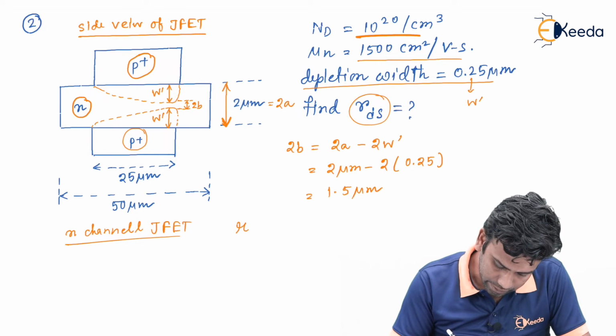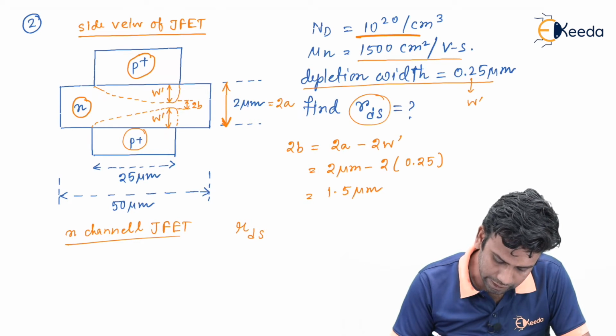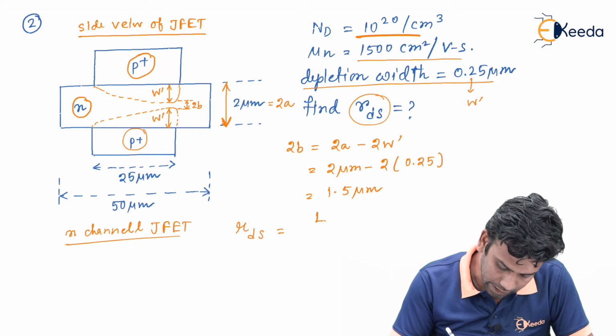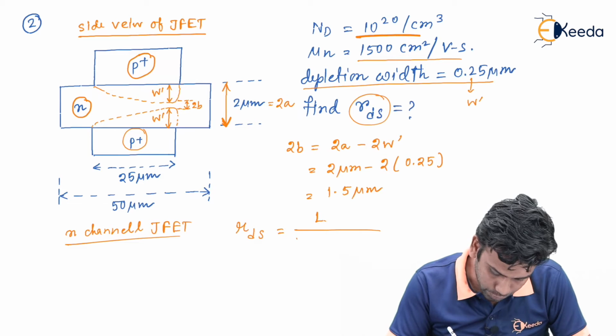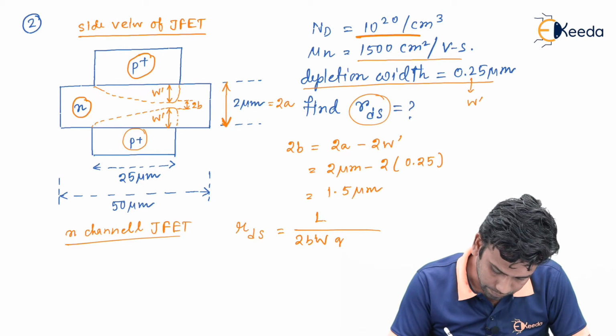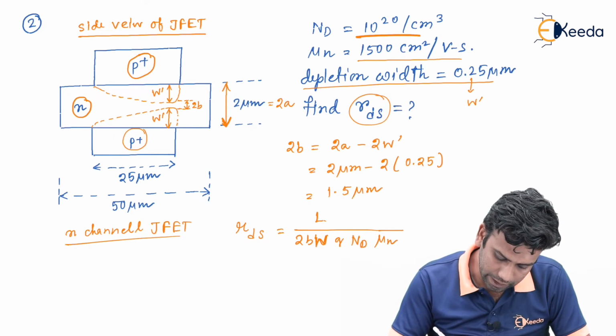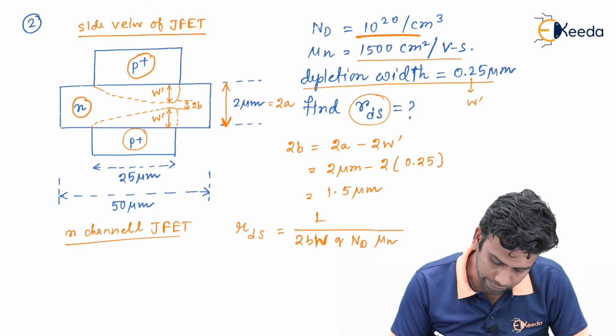We know that the channel resistance, that is the drain to source resistance RDS, is given by capital L divided by 2B W Q ND mu n, and we can see that every value has been given.